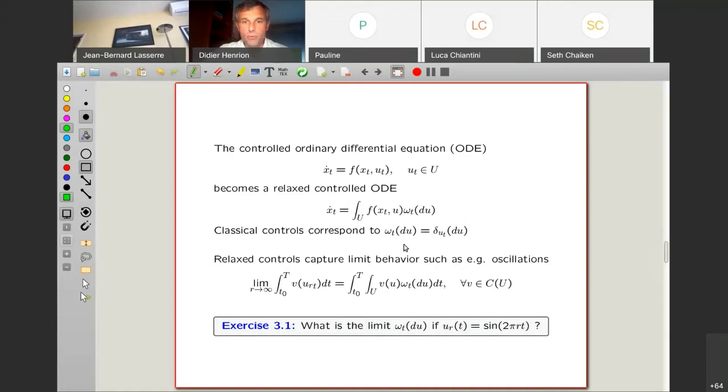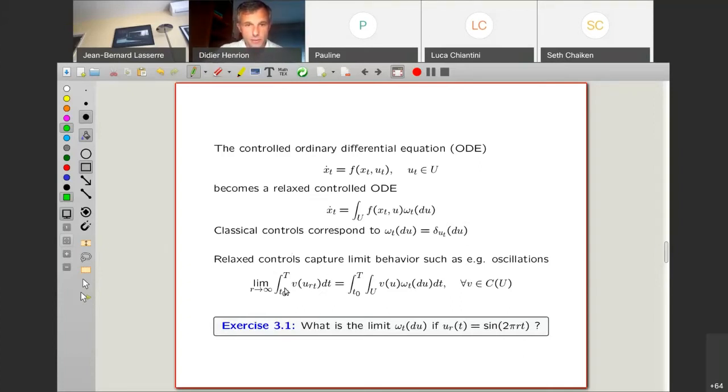These relaxed controls are also called, in the analysis literature, Young measures. They are designed to capture limit behavior such as oscillation, so minimizing sequences arising in optimal control, as in the previous example.